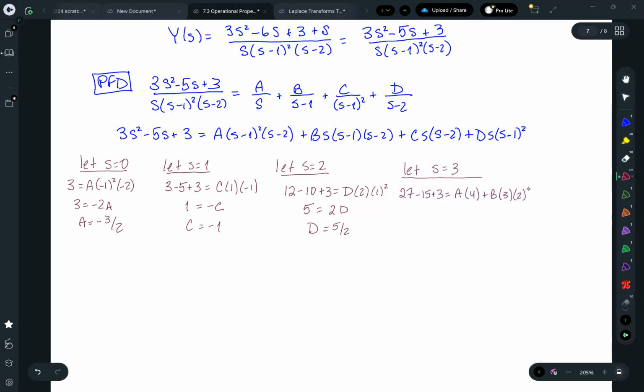And then for the c's, I have plus c times 3, and then 3 minus 2, that's just 1. And then plus d times 3, and then the 3 minus 1 is 2, all squared is 4.